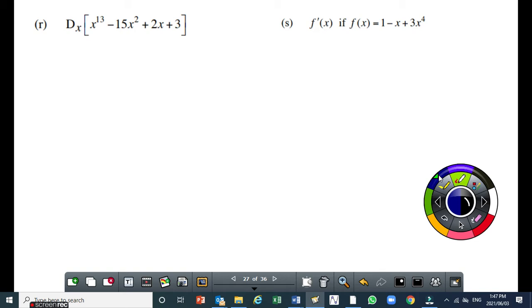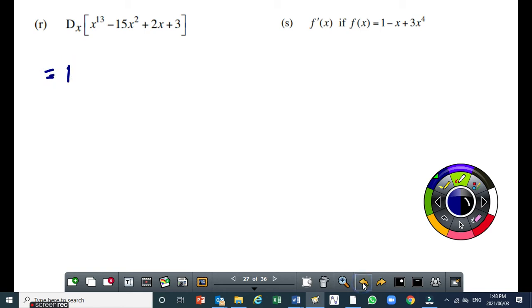Here, the four terms are already simplified. By that I mean there are no square roots, no division lines, and no brackets. So if you don't have brackets, square roots, and division lines, then you can use the rules of differentiation.